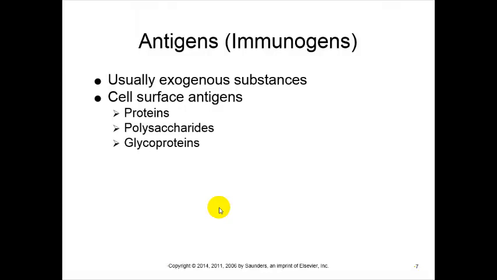These antigens could be a protein that has a very specific amino acid sequence, a polysaccharide that is unique to that foreign invader, or a glycoprotein, which is a carbohydrate and a protein. Basically, we're looking for something that is not ourselves, that is easily identified by the antibodies.